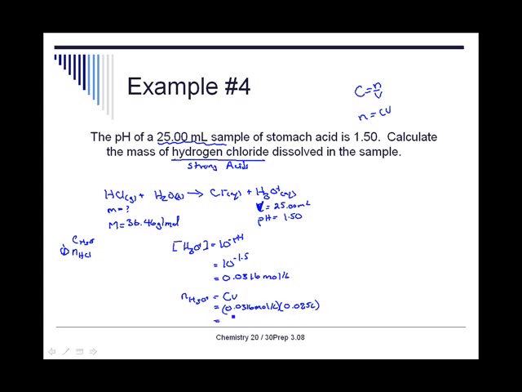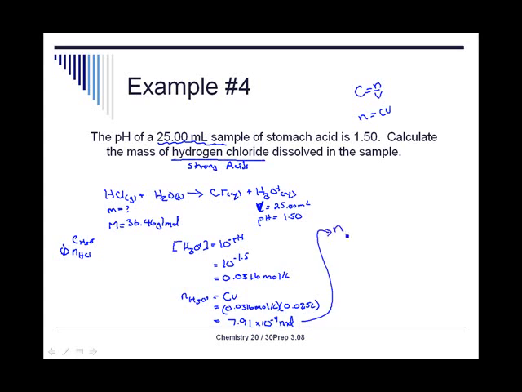So we're going to multiply by 0.025, and we get 7.9 times 10 to the negative 4. I'll write down the 1, 7.91 times 10 to the negative 4, and this is just moles. Now we can use our mole ratio, so I'll bring the question up over here.